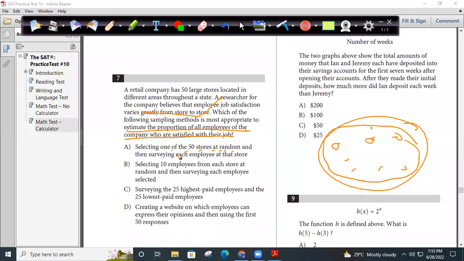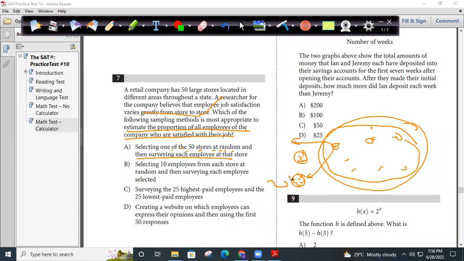Option A: selecting one of the 50 stores at random is biased. If this store is performing very well, everyone might be very happy, or if it is performing in the worst case, everyone will be sad. If the store is performing worst and I survey the employees there, they say the company is bad, they give less salaries, the timing is not good, they give so many complaints.